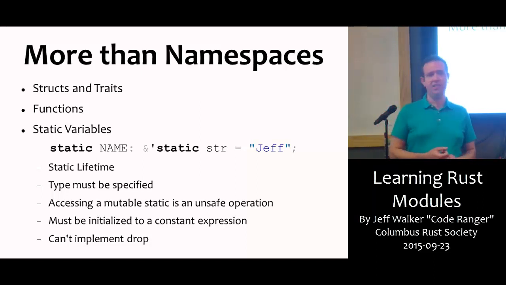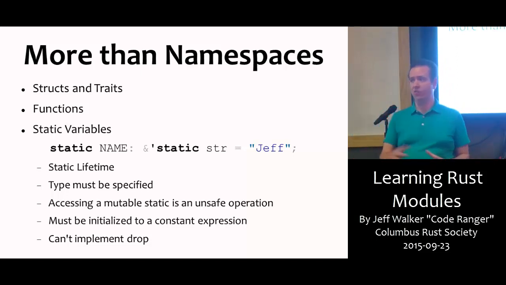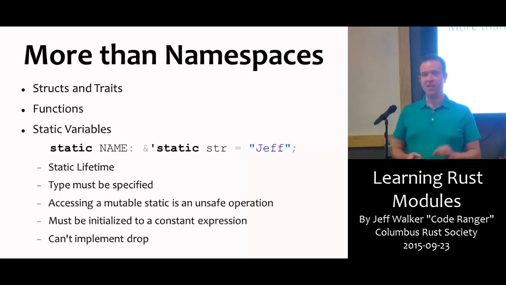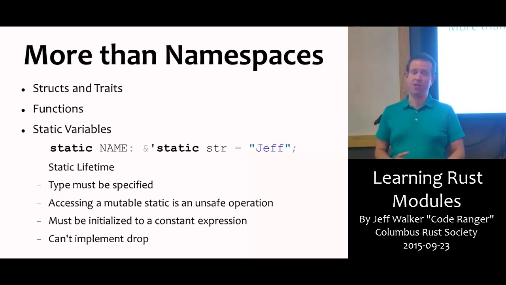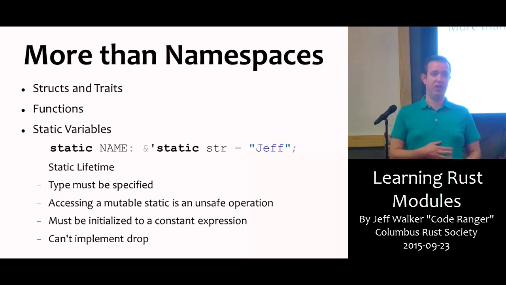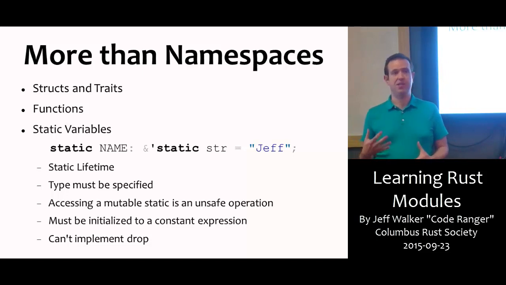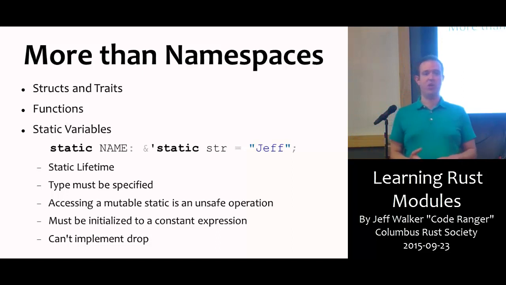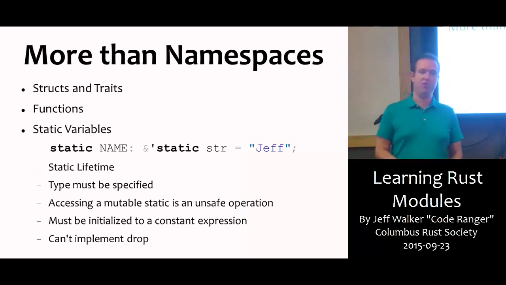Another limitation is they can only be initialized with constant expressions. So you can't say my static variable is equal to the result of this function call, right? That has some really interesting reasons behind it. If you're familiar with C#, Java, even C++, they all allow static variables, or their equivalents, to have non-constant initializers. But that introduces all sorts of complexities, because then there are questions like, what happens if there's an error or an exception inside of one of those initializers?